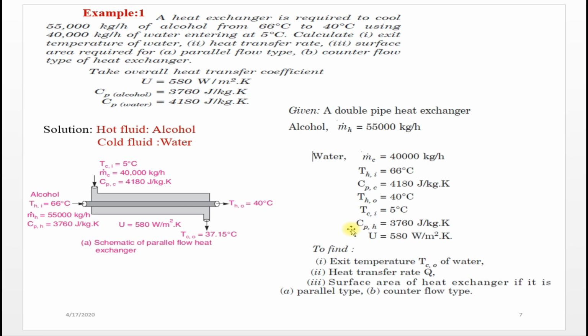Then the specific heat of the hot fluid is given as 3760 joule per kg Kelvin, and Cp of water 3760, U is 580 watt per meter square Kelvin, and we have to find the exit temperature of water now.